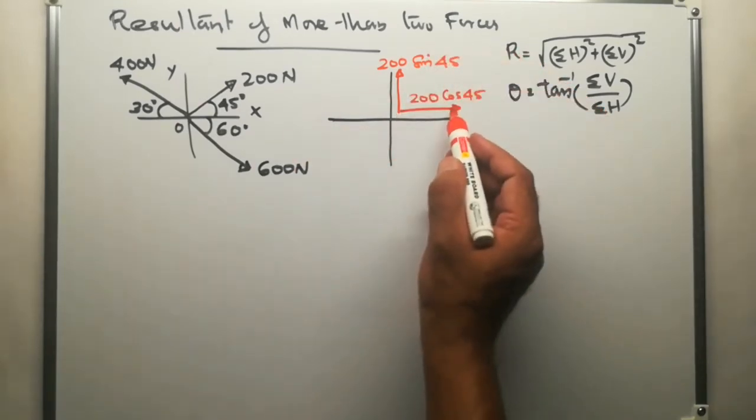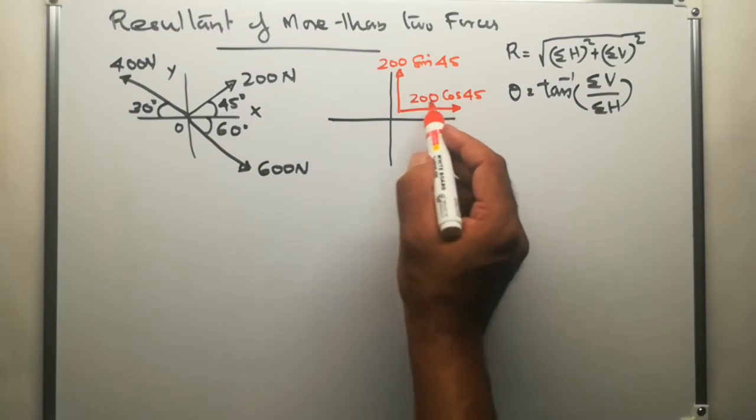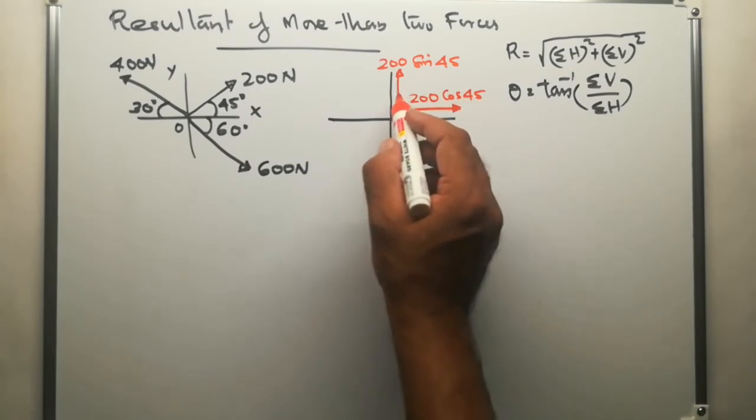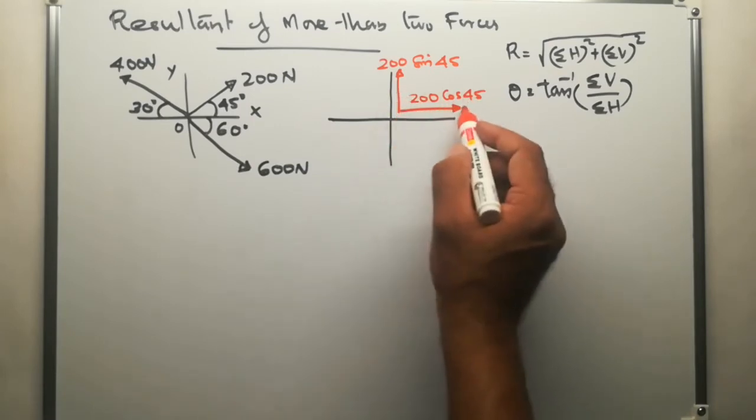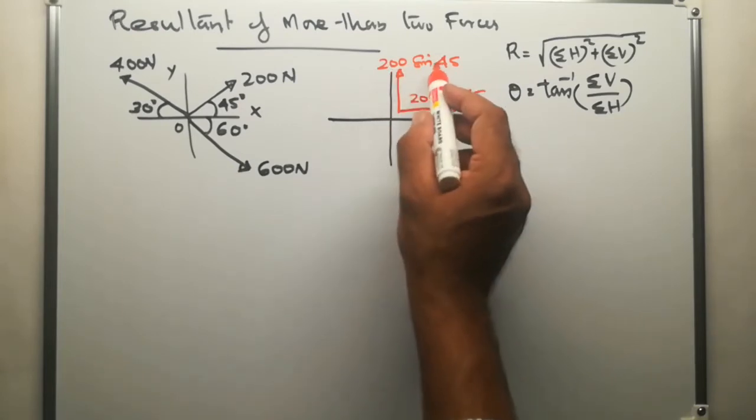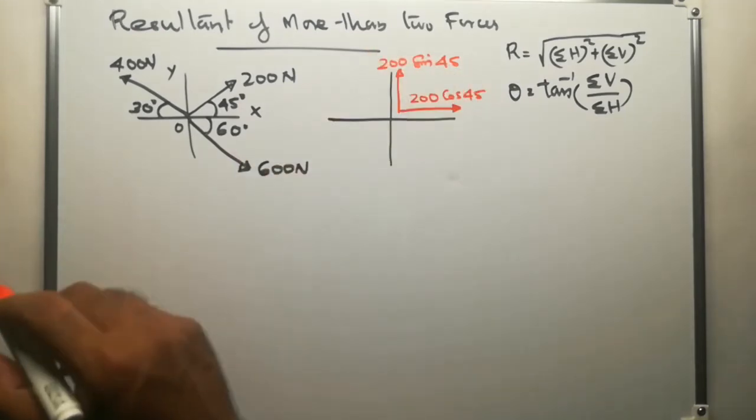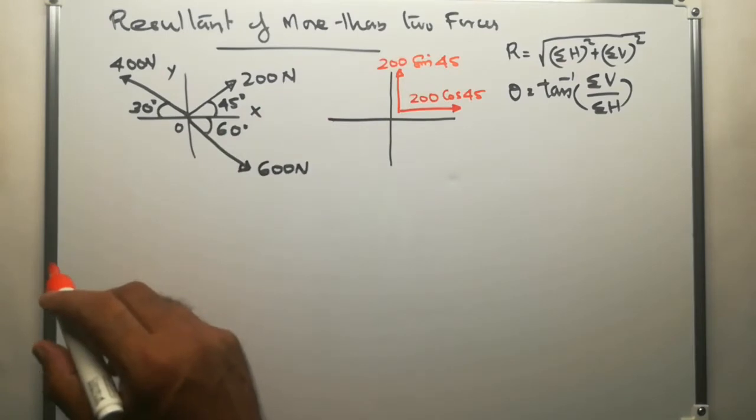So 200 cos 45 is in the positive direction from left to right, and 200 sin 45 is in the vertically upward direction, which is also positive.